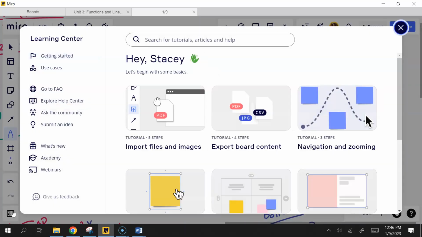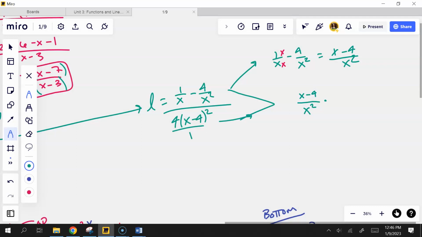Unless it was like... yeah. Right. All right, looks like an x minus 4 cancels here and here. So I know that length is going to equal 1 over 4x squared times x minus 4.